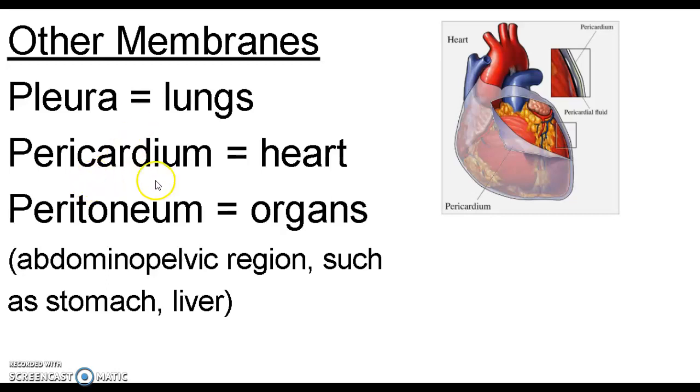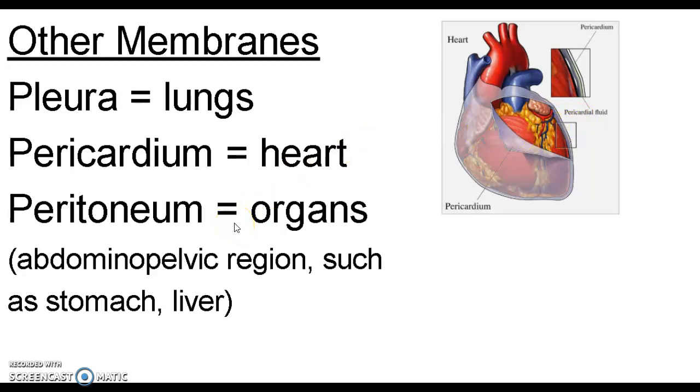That word cardi, like cardiovascular system, means heart. Here is a picture of that membrane that surrounds the heart. So this would be the visceral pericardium because it is surrounding the heart, and then on the inner surface of your chest would be the parietal pericardium.